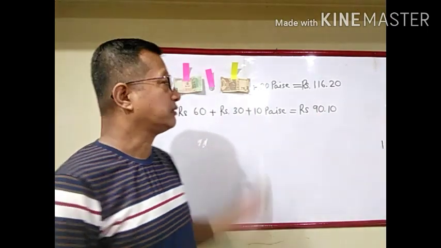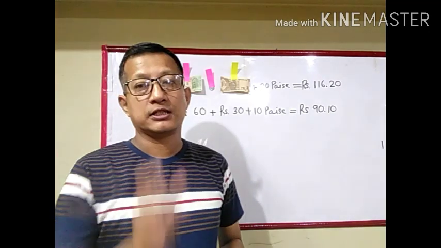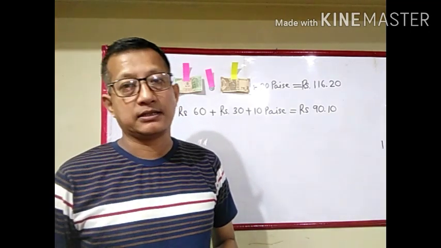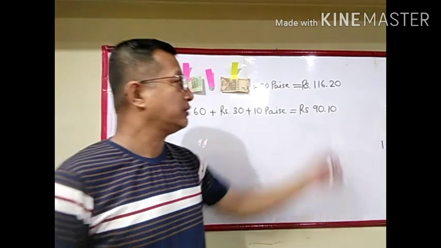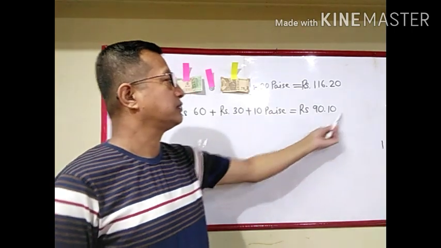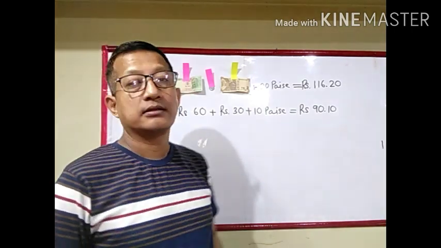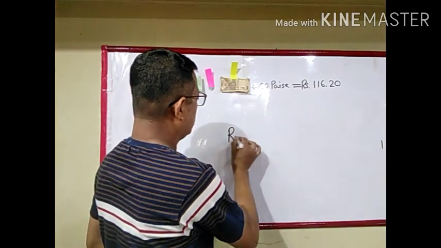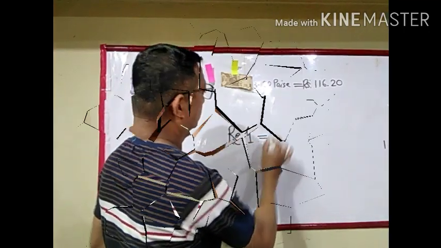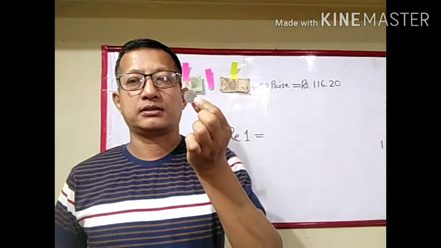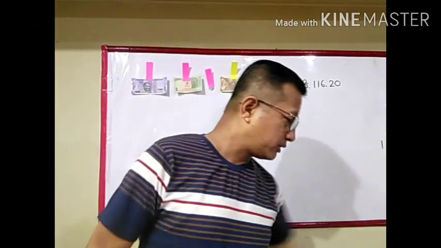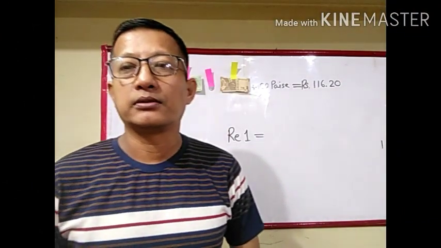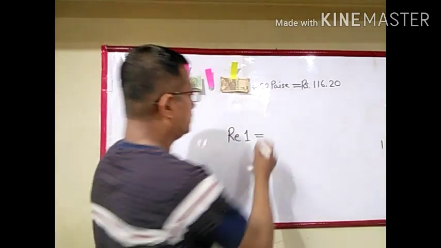If you have this much rupees and this much pies, you can write them together in rupees. In a question, convert this much rupees and this much pies directly into rupees only. Then this one is rupees 90.10. Now you know, 1 rupee equal to how many pies? 1 rupee equal to 100 pies.